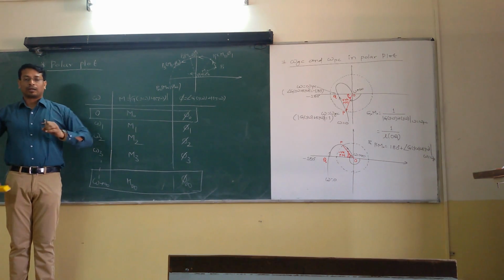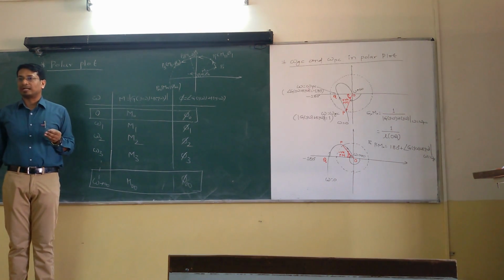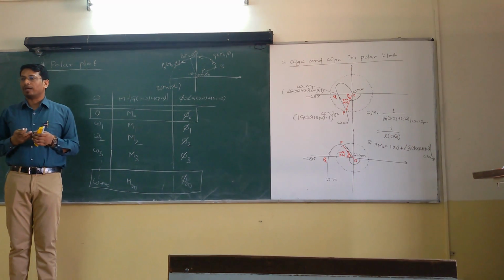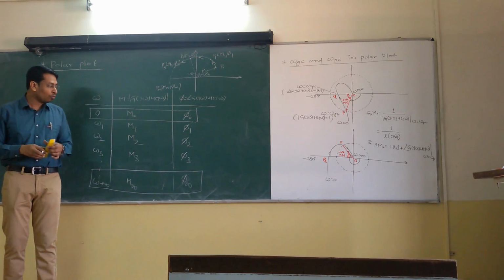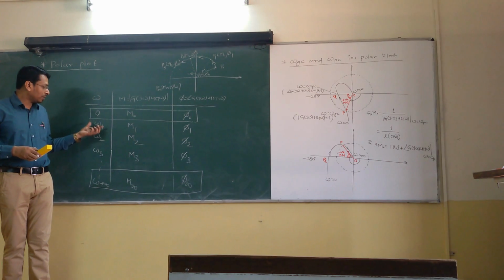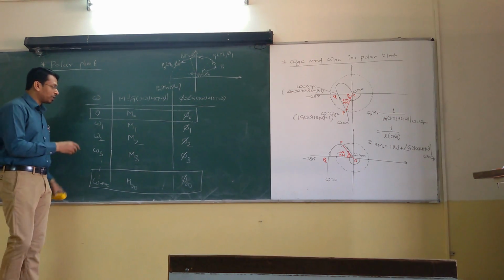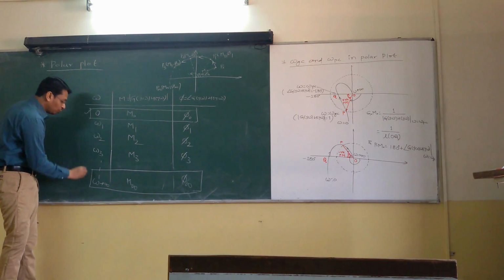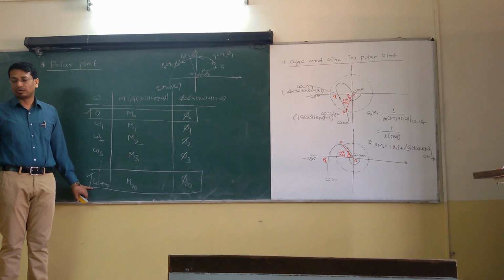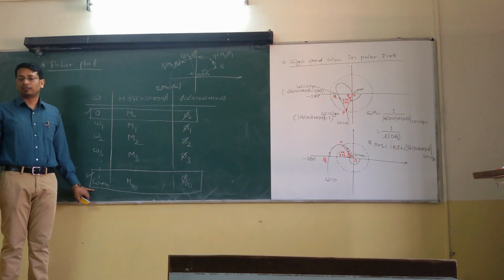First of all, what are you interested in? You are interested in omega GC, omega PC, gain margin and phase margin with the help of the polar plot. So there is no need to plot the polar plot point by point. Rather, just 2 points, where omega is equal to 0 and omega tends to infinity, are sufficient to describe the nature of your polar plot.